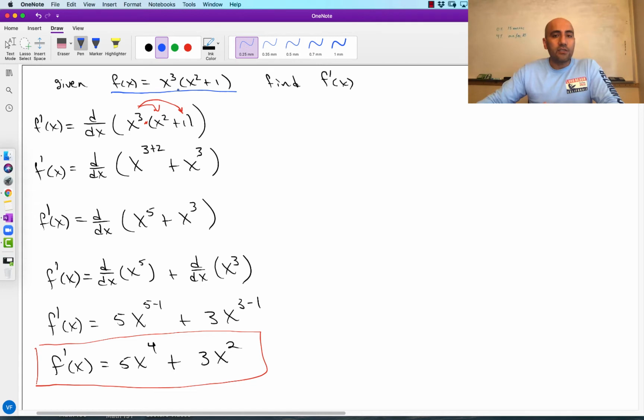So what we would like to do is develop a process or a rule that allows us to take the derivative of a multiplication of functions without first simplifying it, without first distributing it and turning it into something that fits this form of polynomial. Okay, so we want to figure out how we can do that.